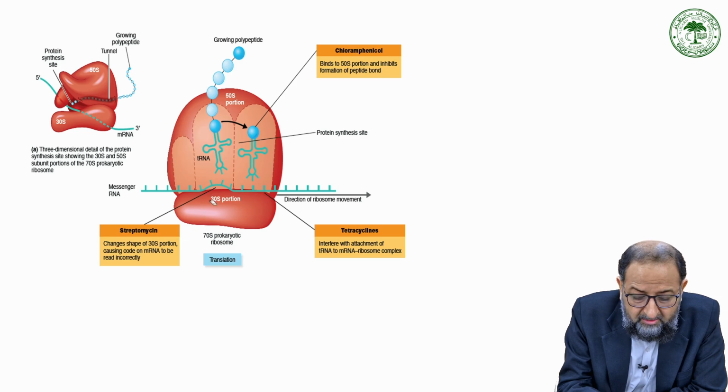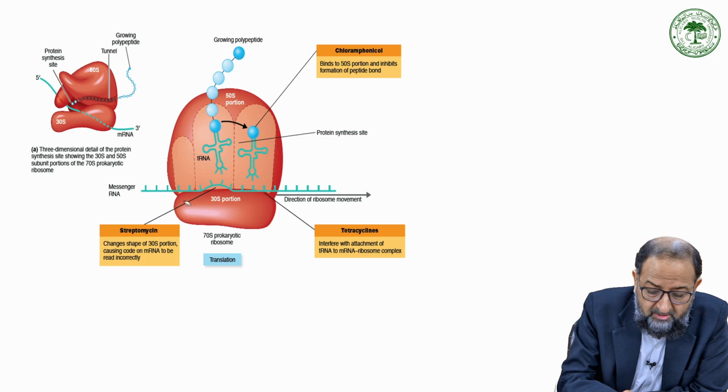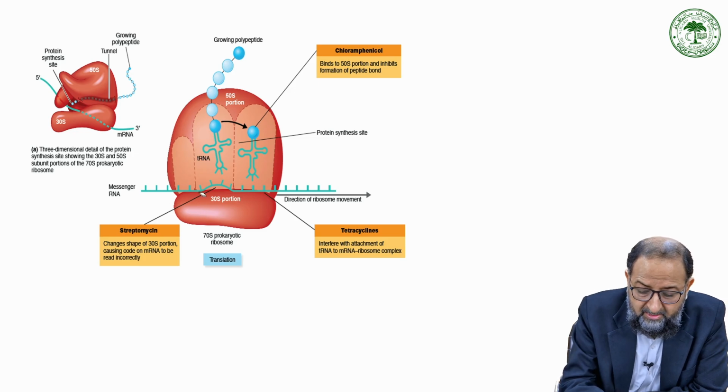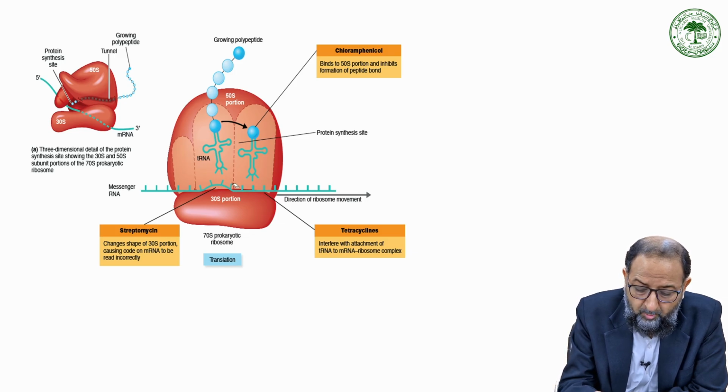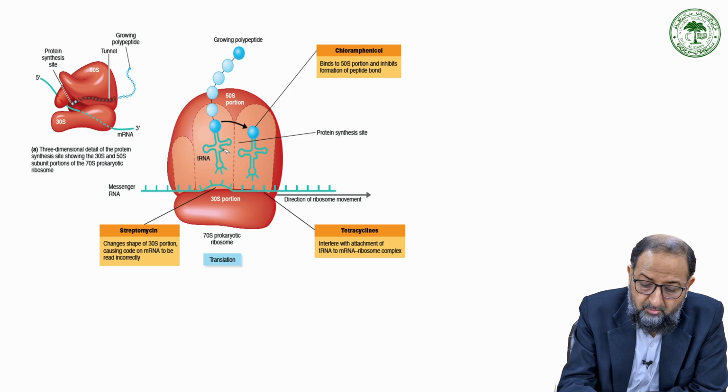When the 30S ribosome shape is changed, compared to this and this, the mRNA is slightly kinked, and because of this, the binding of the tRNA here is not possible. Streptomycin intervenes and blocks the translation process of the growing peptide.